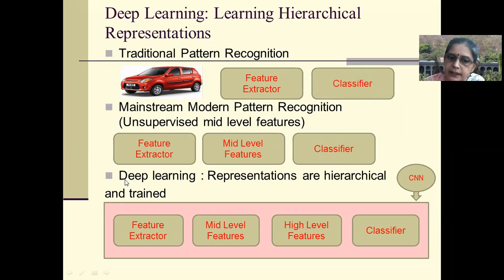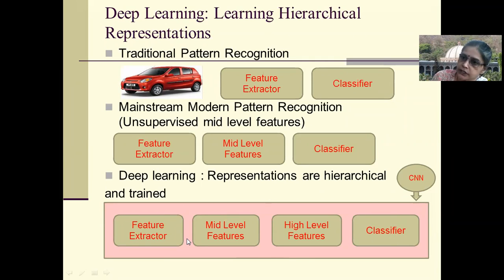And when we say deep learning, your feature extractor is part of the network. Feature extractor, mid-level feature extraction, high-level feature extraction, all three are part of your neural network. So your neural network performs feature extraction at mid and high levels, as well as classification, on its own.